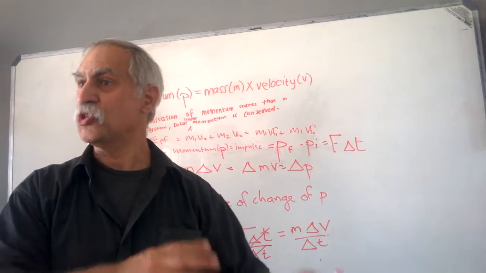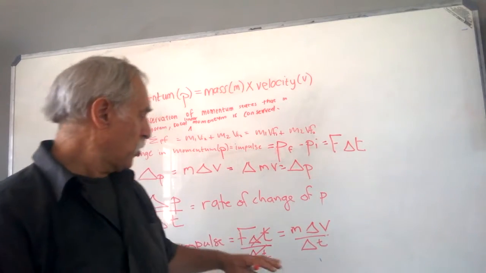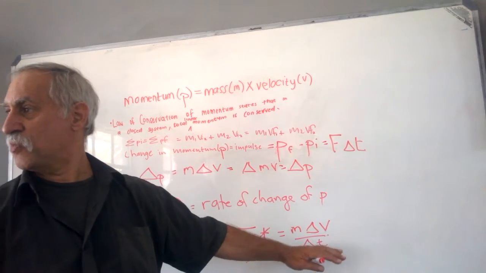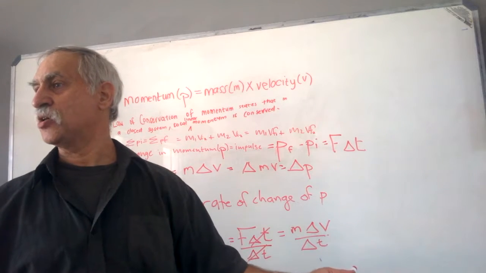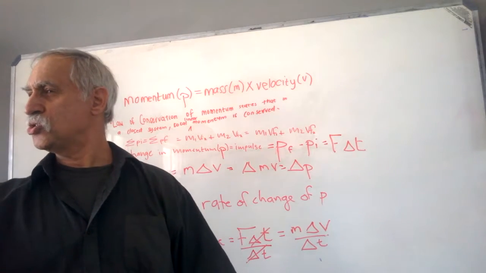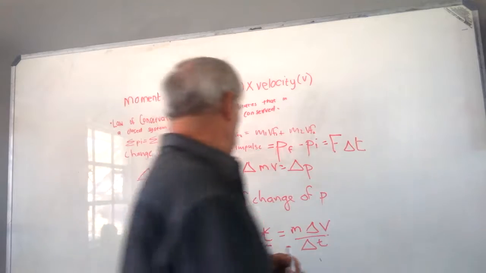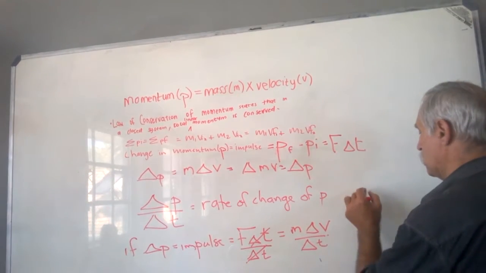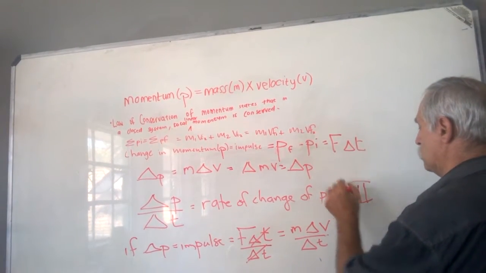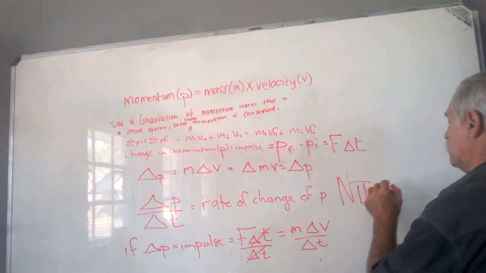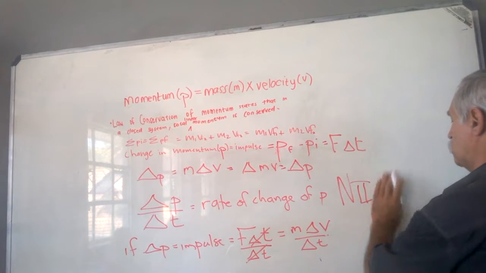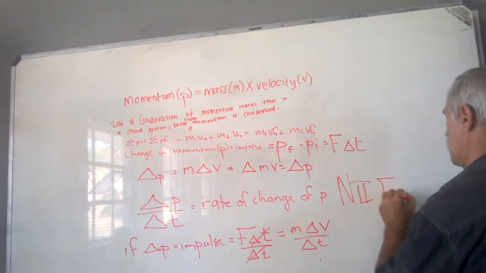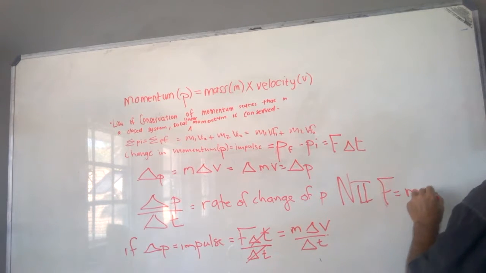So force, Newton 2, is rate of change of momentum, which is equal to mass times velocity. Have you done Newton 2? Yes. Because Newton 2 says that force equals mass times acceleration.